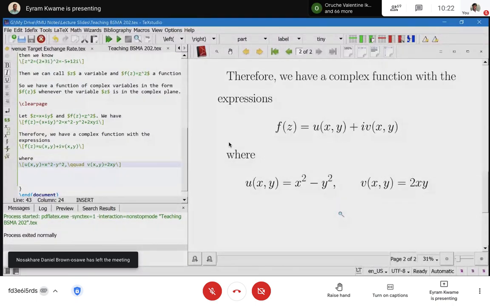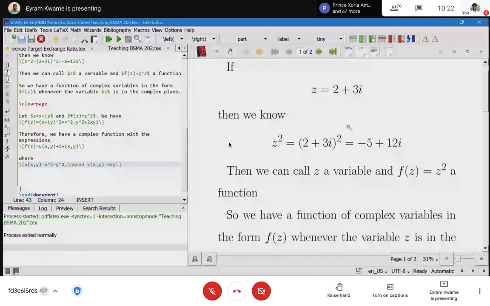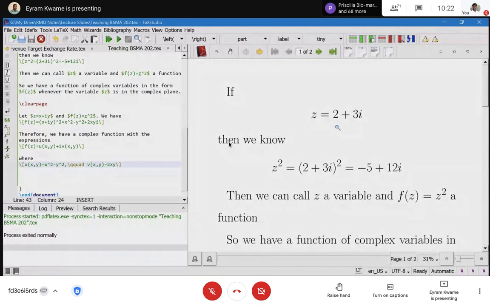One of the things you should get from here is that functions of complex variables are more or less a transformation. Look at this. If we go back to our example, z is 2 plus 3i. It's just a complex number that you can actually plot in the complex plane. Plot this in a complex plane.